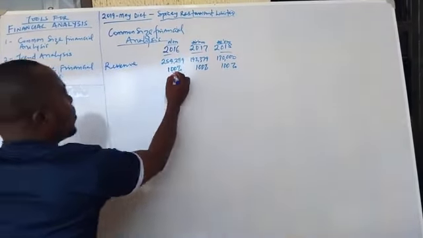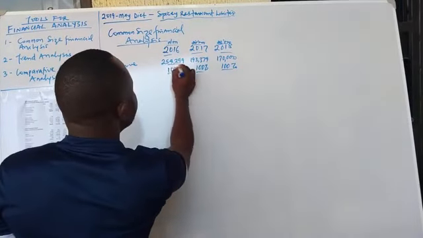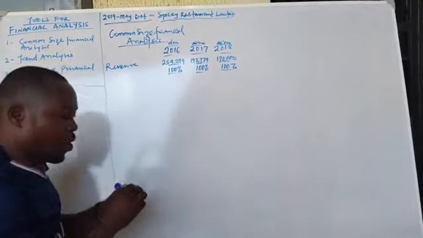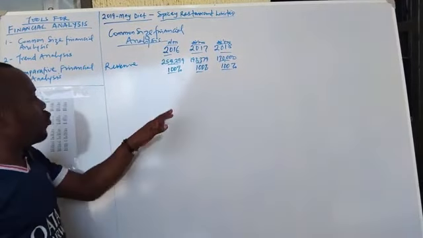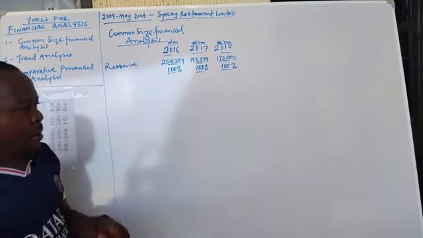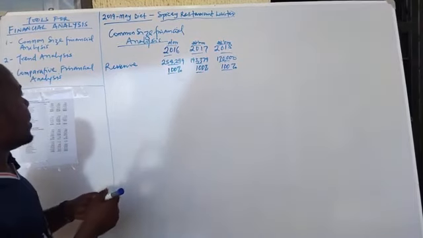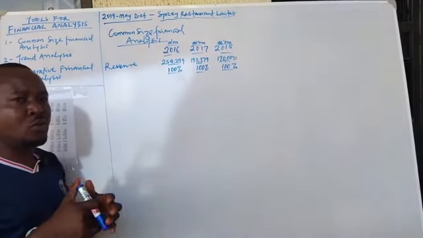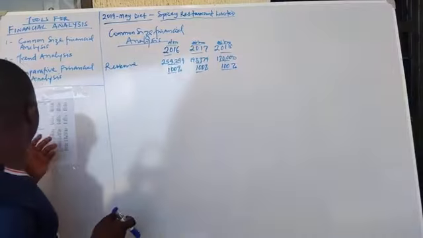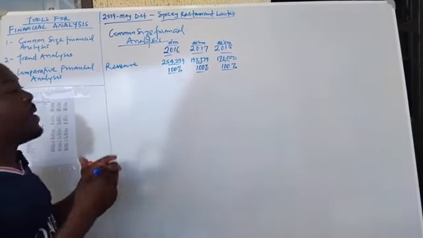Okay, watch. If this is taken as 100%, it means all items in the income statement will be based on this. Let's say for instance that your examiner is asking you to look at the admin expenses.